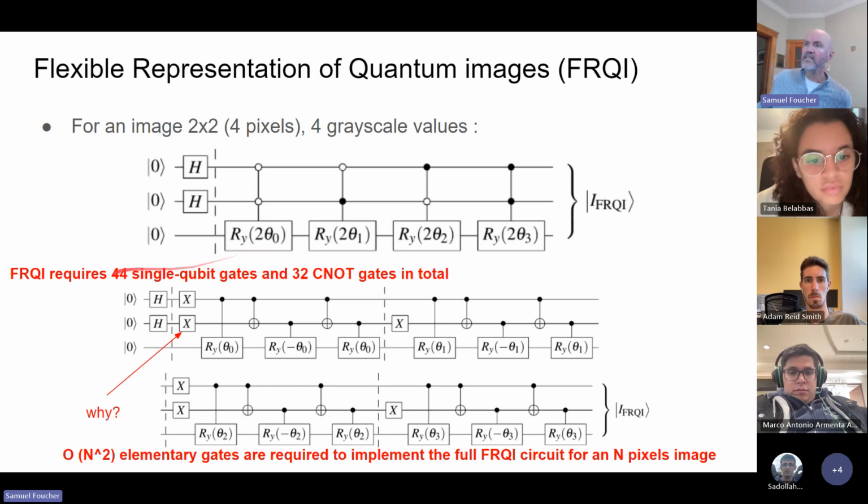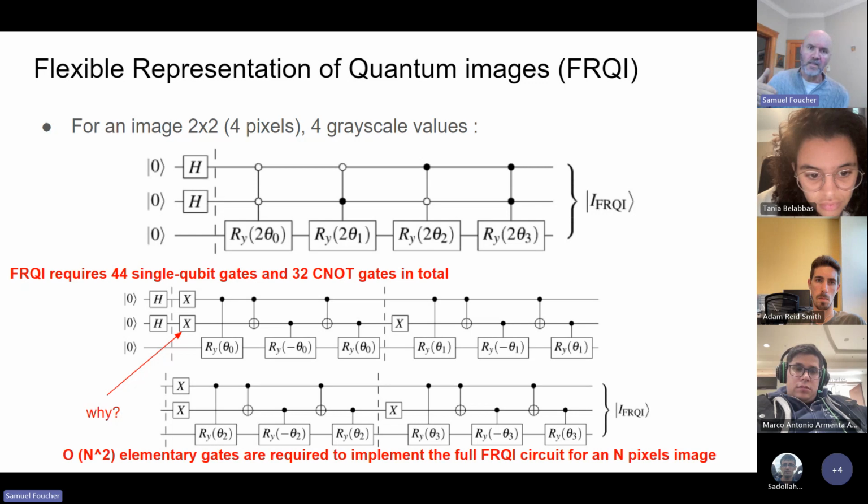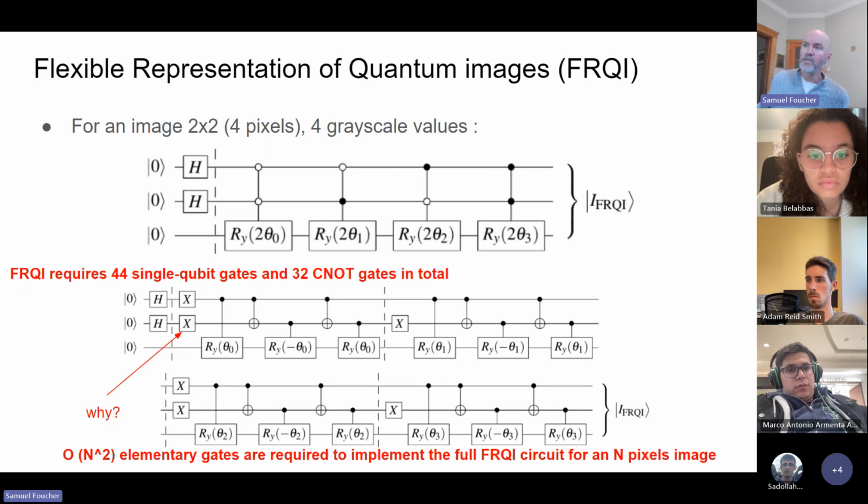So you see, it's just for 2 by 2. So it's quite expensive. That's why the second part of the paper will discuss compression. So compression will be to find ways to optimize the architecture of the circuit here and reduce possibly the number of gates, or merge them, or make it simpler. So half of the paper is looking at that specific problem. That's what we call compression.